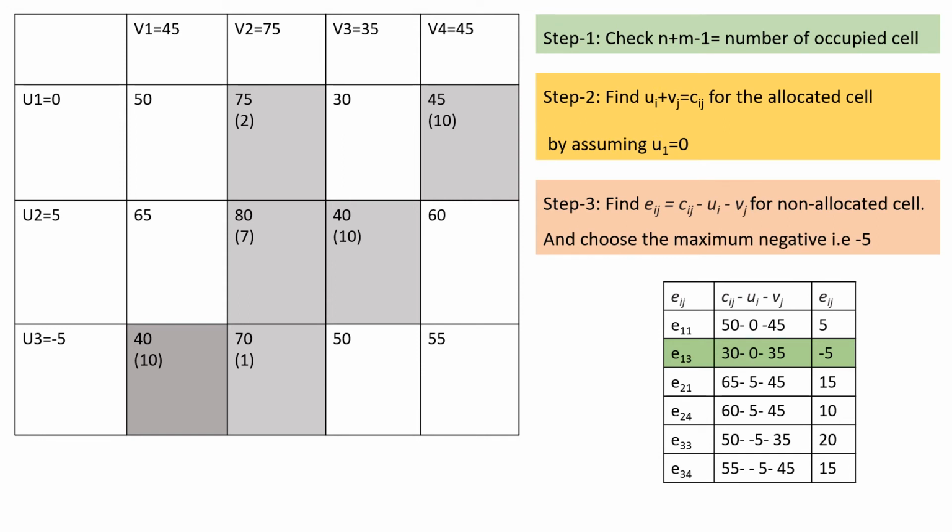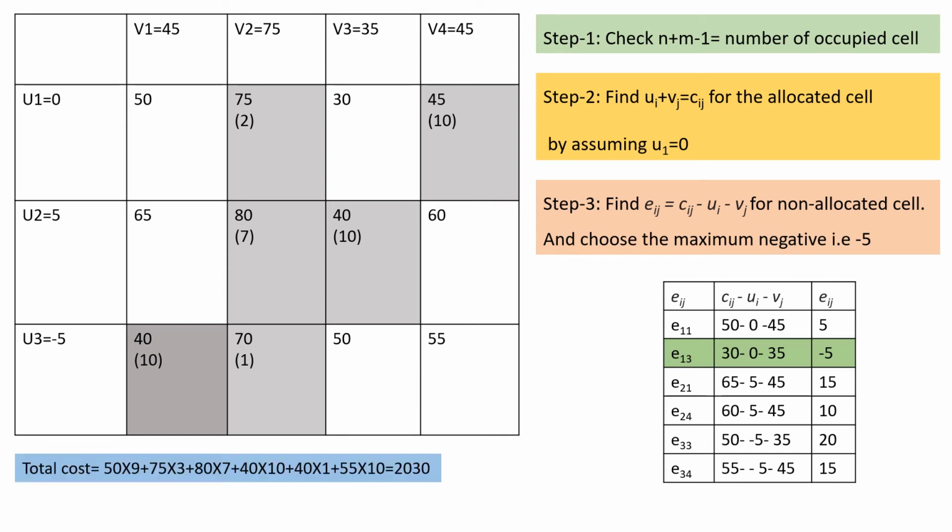The next step is to find the eij value, and we have to choose the most negative value. For calculating the eij we have to calculate from the non-allocated cells, right? The non-allocated cell here is this one. This is E11, a non-allocated cell.